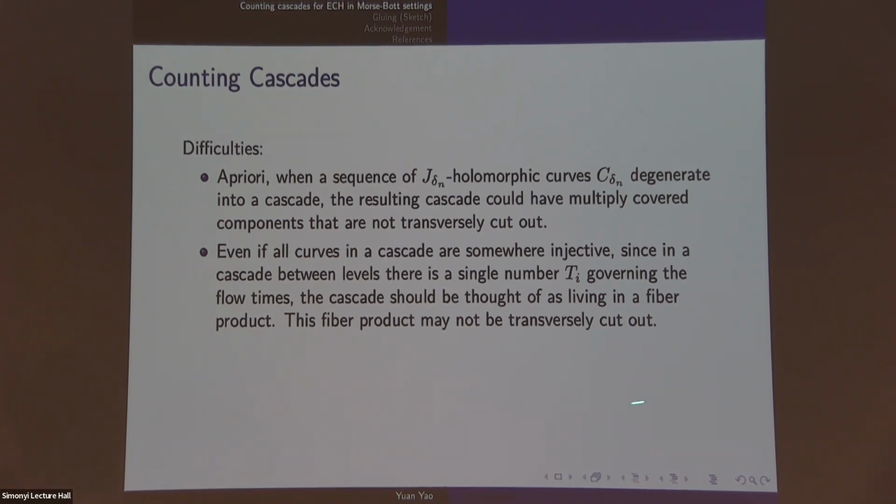Between cascades, there's a condition that the ends have to meet each other up to flow in T. This is best formulated in a fiber product. And even if all these curves are somewhere injective, the fiber product might not be transversely cut out. This is the more serious issue.